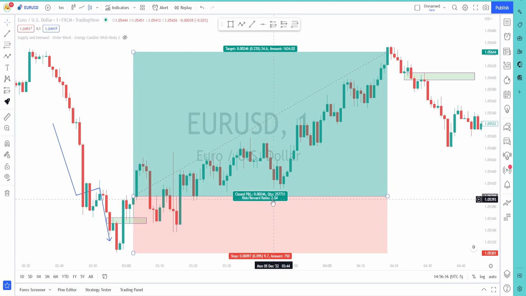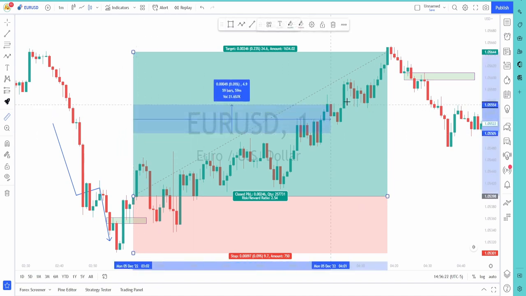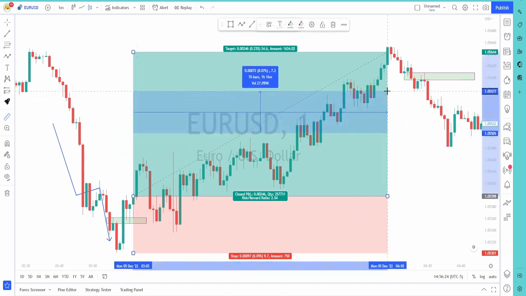And this was a 2.54 risk to reward. And this trade was 1 hour and 16 minutes. So that's the great thing about scalping the 1 minute chart, is your trades can go much quicker.